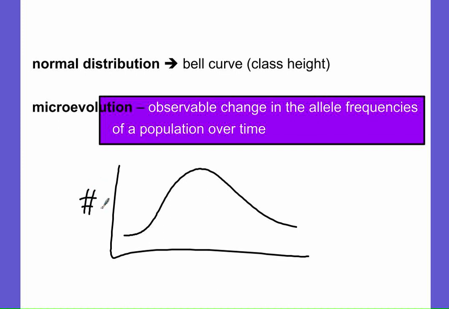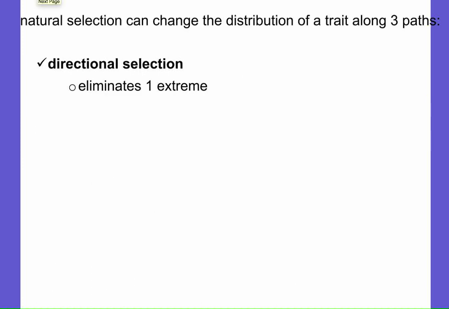With the number of individuals going up and down, right? Maybe there are some short people in your classroom. Maybe there are some tall people in your classroom, but more likely than not, there are more average height people than anything else. And so you have a mean in there. Our selection acts on that normal distribution.